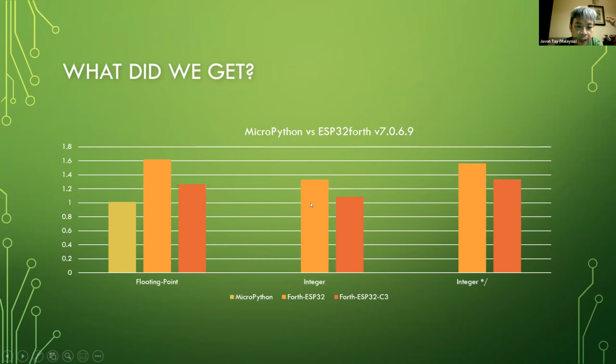But then I realized that I was using a separate divide function. When I switched instead to using the built-in Forth star divide word, performance came back up again.